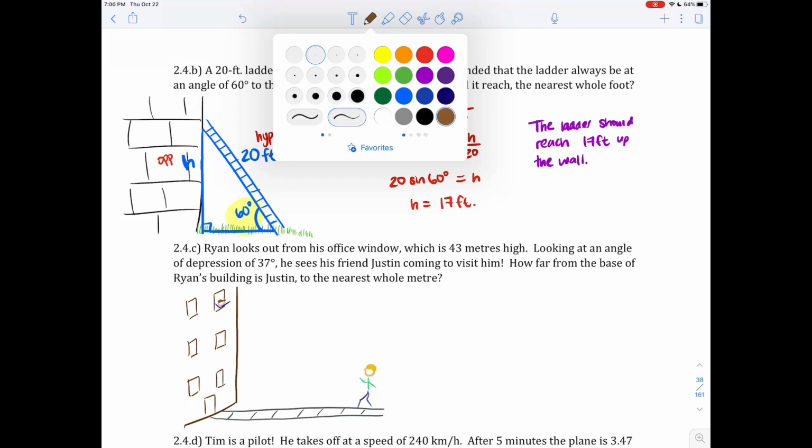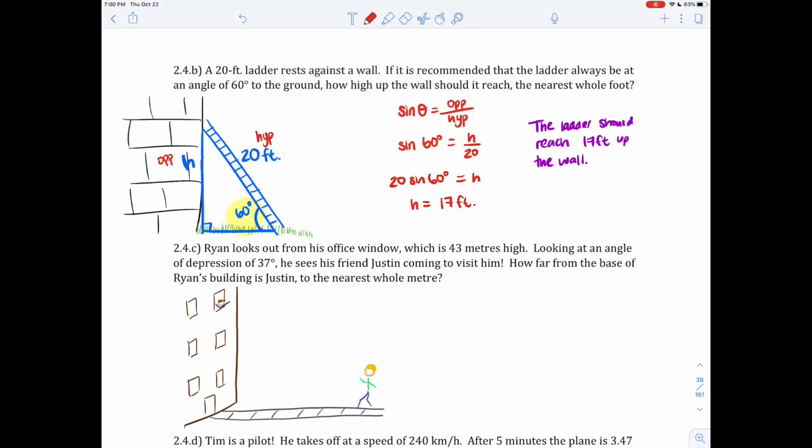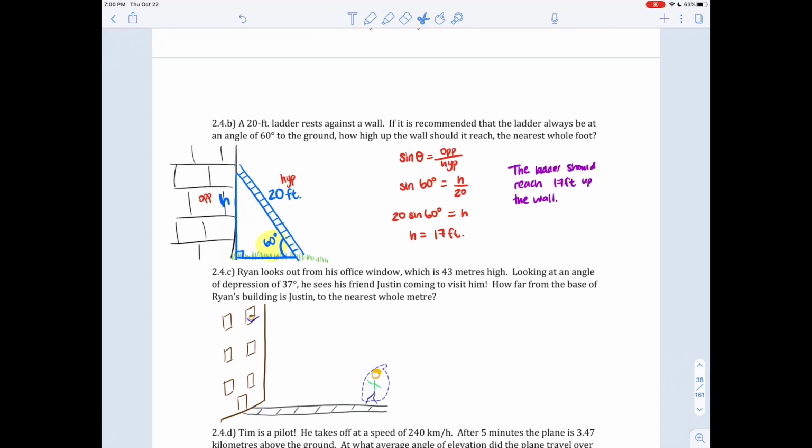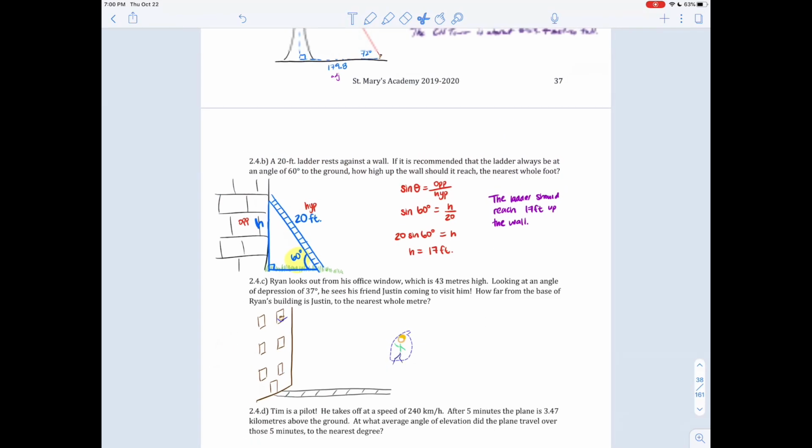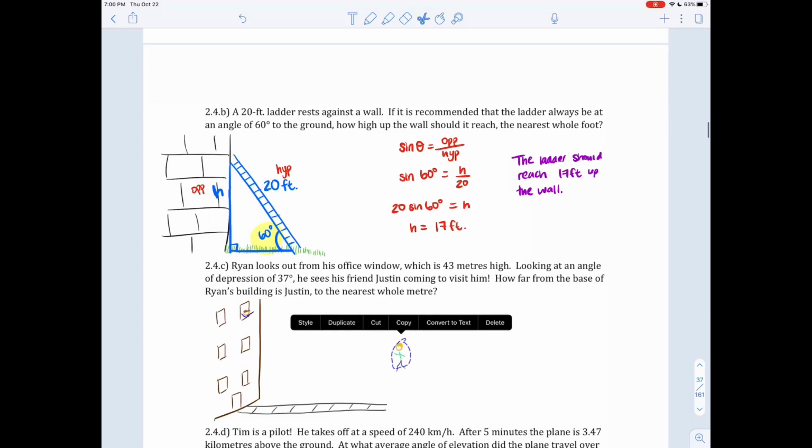Where to draw that? Good question. I'm glad you asked. Let's figure that out. So he's looking at Justin. Whoop. Wow, Justin's really big, actually. Not gonna lie. I'm just gonna resize that. I'm so sorry. Oh, come on. Worked for me.